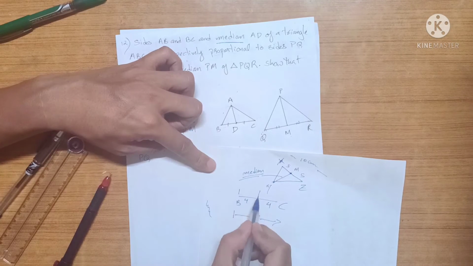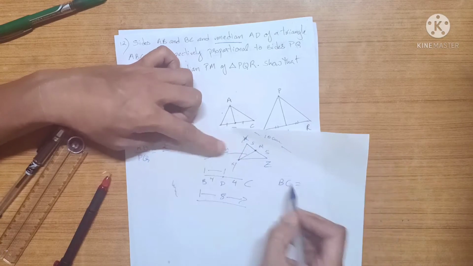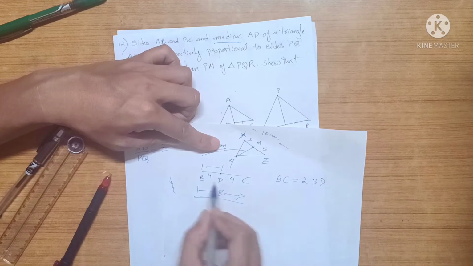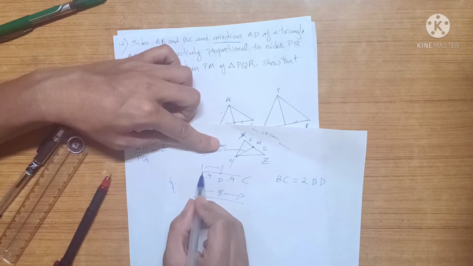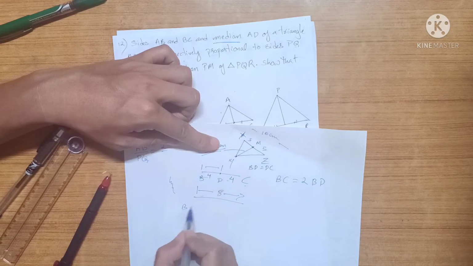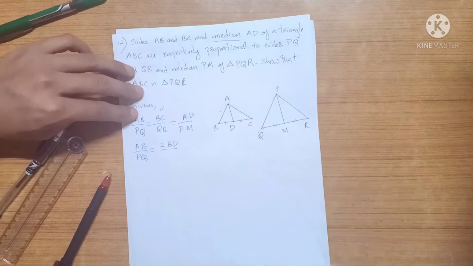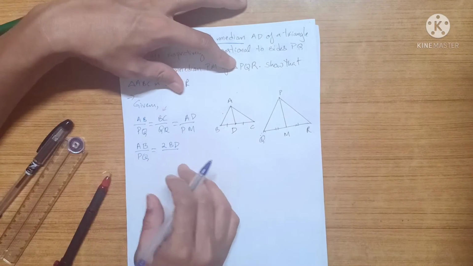So I can say that double of BD will be BC. So I can write BC as 2 times BD, obviously, because this and this is same. Because BD is equal to DC, we can write BC as BD plus BD, right? So it will become 2 times BD only. So it's the same thing as this, okay?